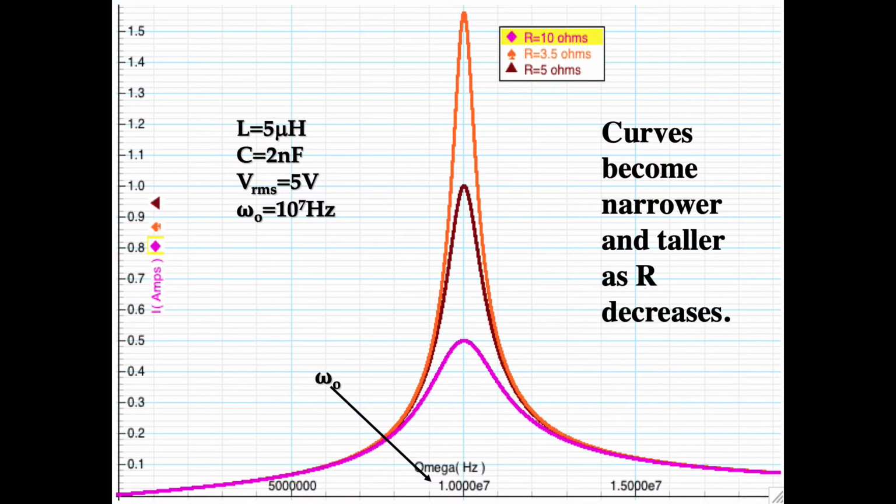I've plotted it for a given value of L, a given value of C, and a given value of V RMS, and omega naught is about 10 to the 7th hertz. I plotted it for 3 different resistor values. And what you notice is that if I reduce the resistance, the peak gets narrower and taller.